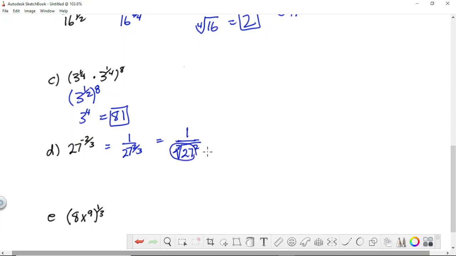And that looks a little funny because you feel like you should do it from the inside out. This says the third root of 27 squared. You should square 27. And you should, but you get the same thing both ways, okay? So it really is the same thing. So we take the third root first, and then we're going to square that.